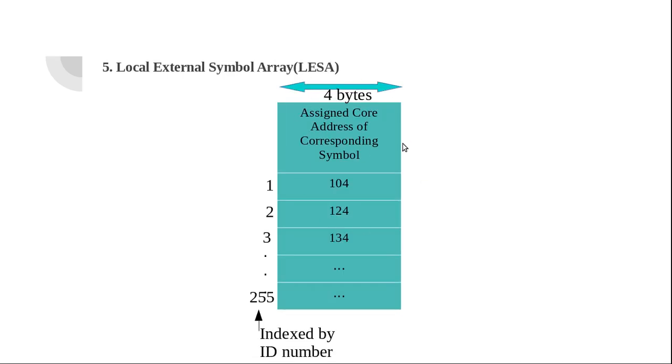Now we are moving on to the last database used in our direct linking loader design, that is the local external symbol array. So what does the local external symbol array mean? In pass 2 of the loader, the GEST and ESD information for each individual object is merged to produce a list that directly relates the ID number and value.